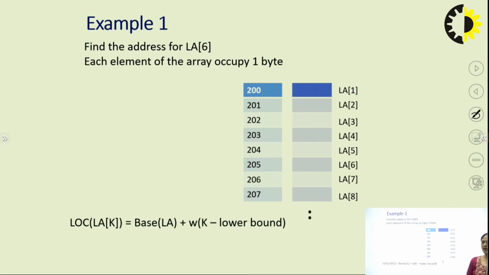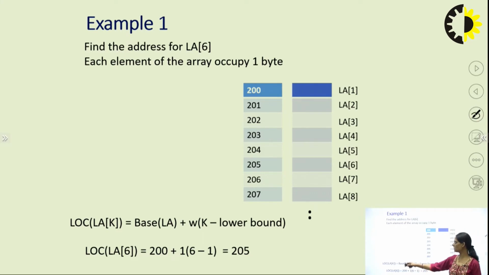So we will apply this formula, as we have seen, to find the address of a linear array. Through this calculation we are able to find the address. Over here the base address is given to us. That base address is the starting address, that is 200, plus W. It is given that it occupies 1 byte of memory every time.